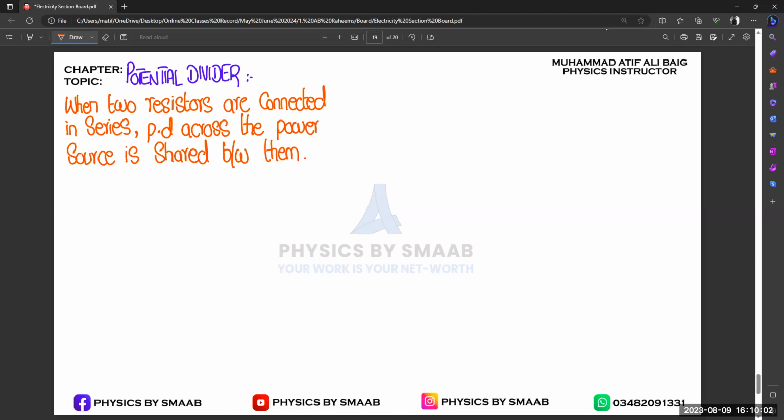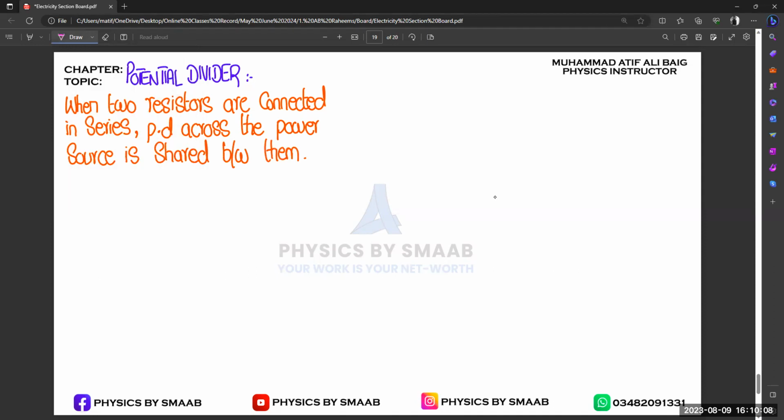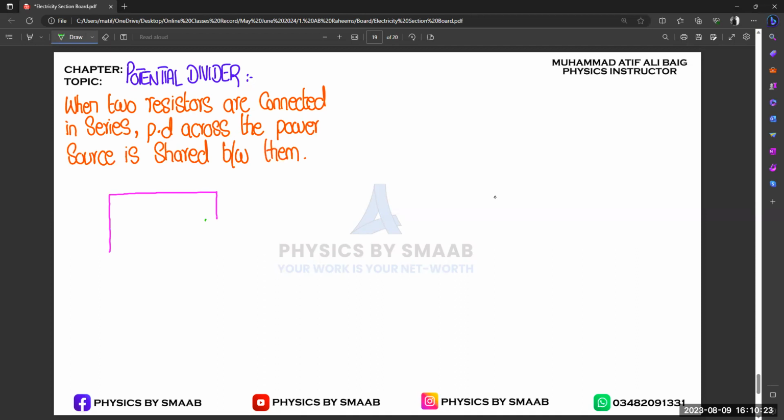Now let's suppose we consider our circuit diagram for this whole setup. So we can make a circuit diagram like this. Let's suppose we have a battery on the left hand side, and we just connect a resistor.